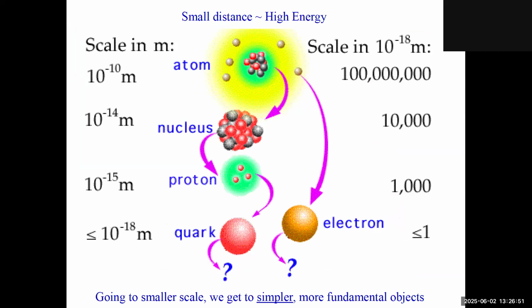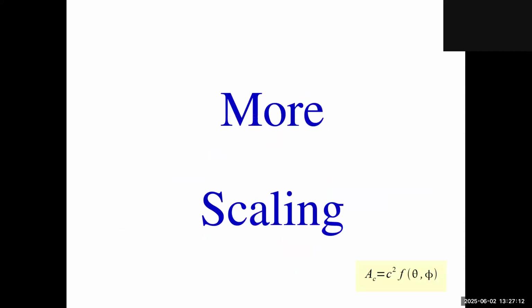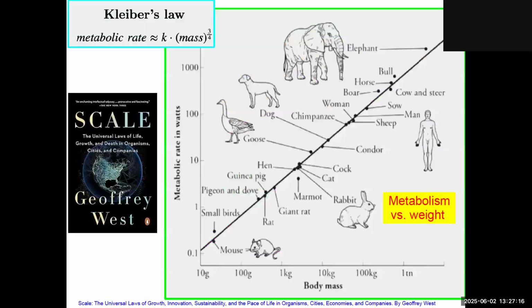And so far as we can tell, the quarks and the electrons seem to be point-like particles. There are some theories that suggest they may be otherwise, but to the extent we've played with them, those seem to be point-like particles. So you scale down a level, and then you discover the substructure.